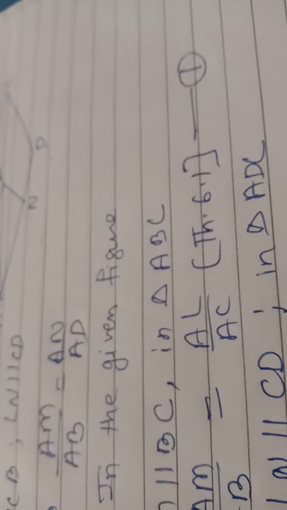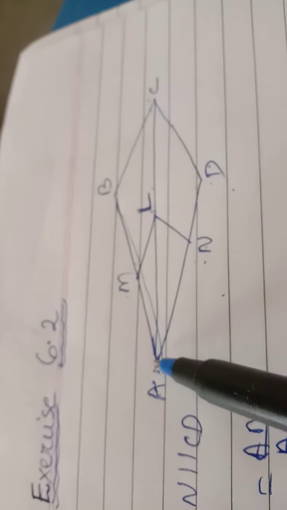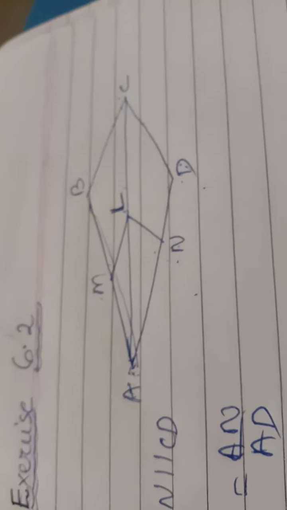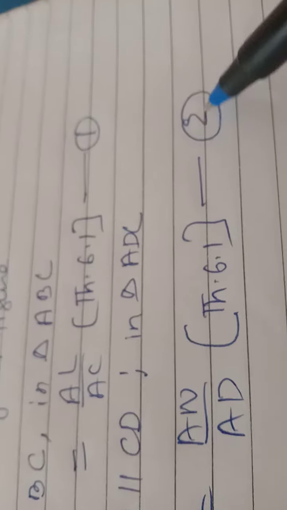Now apply theorem 6.1, you will get AL upon AC is equal to AN upon AD. Again it is theorem 6.1 and equation number 2.